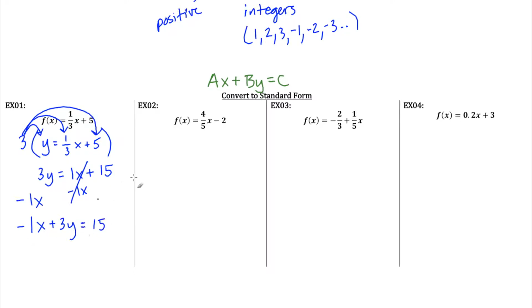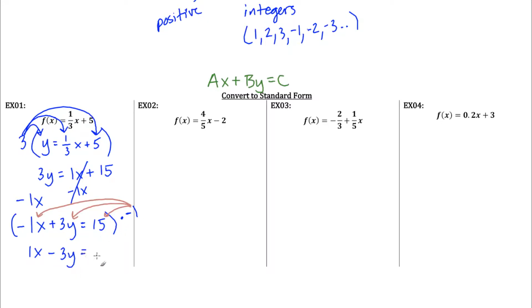Now, it looks like we're done, right? But remember, the convention is that this A is positive. So to make it positive, I need to multiply my entire equation by -1. So -1 times -1 is a positive 1. A negative times a positive is a negative, so we get negative 3y.